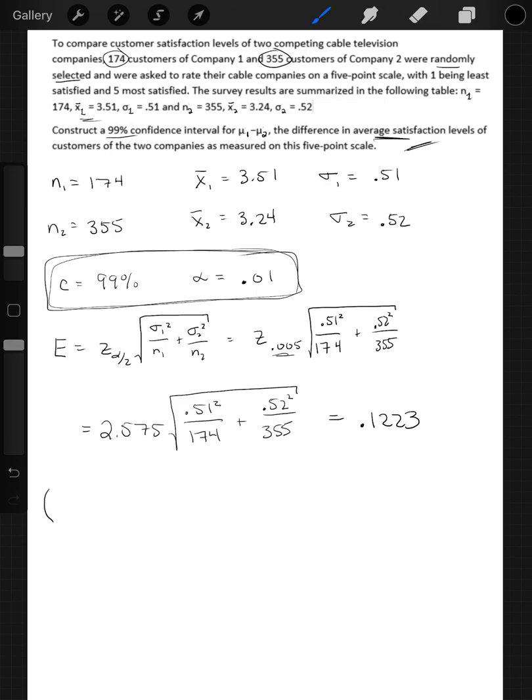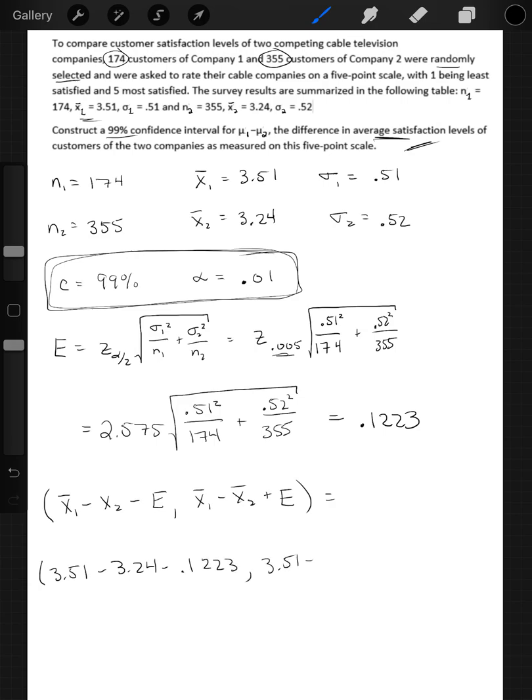So that means that our confidence interval is going to be x bar 1 minus x bar 2 minus E, x bar 1 minus x bar 2 plus E. So that's going to be 3.51 minus 3.24 minus 0.1223.